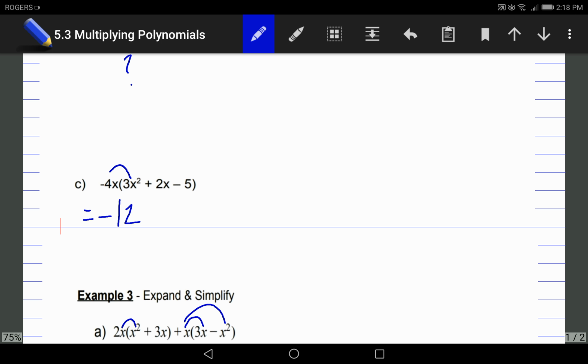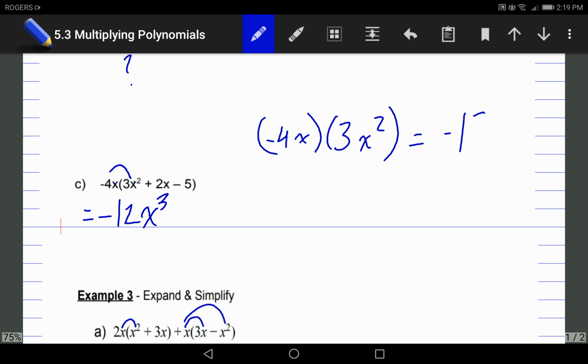And then what's x times x squared, right? We have an x here and we have an x squared there. That is x cubed. So negative 4x times 3x squared is equal to negative 12x cubed. Okay?